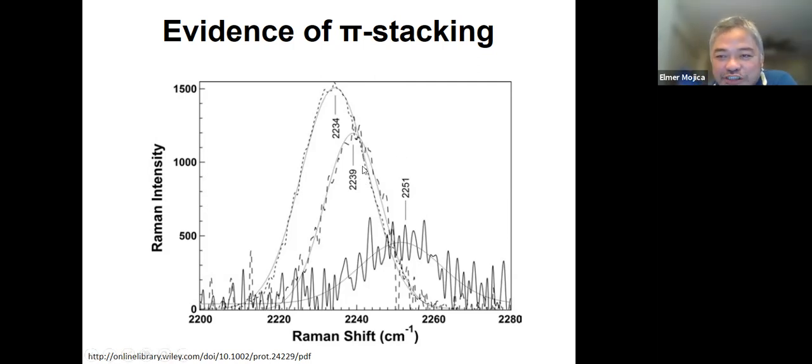Bakit tumataas yung signal niya or yung peak? Because remember, from a liquid, it becomes solid. When you say aggregation, you form some amyloid there that is usually solid in form. So they become more concentrated. So tumataas yung signal niya.